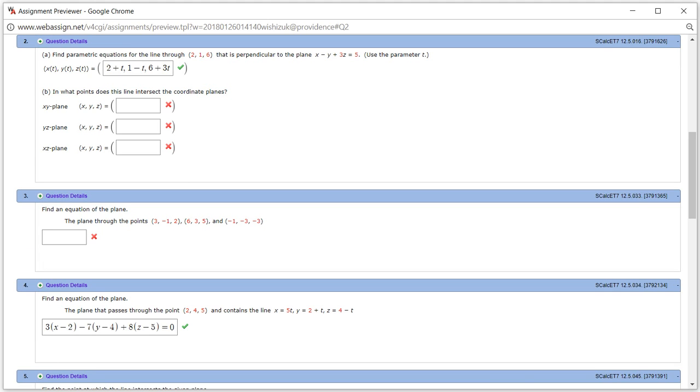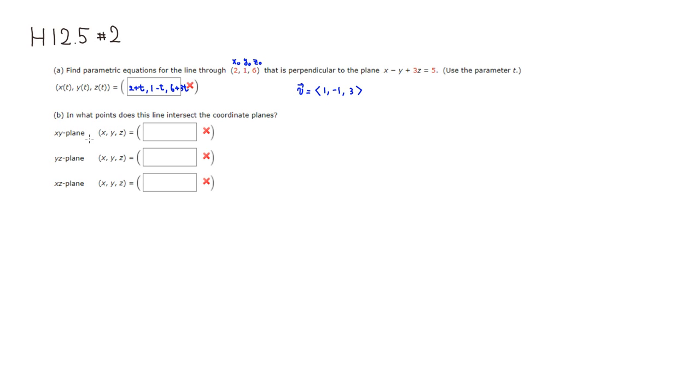All right, let's do part B: at what point does the line intersect the coordinate planes? If we want the xy plane, remember that the xy plane has the equation z equals 0.